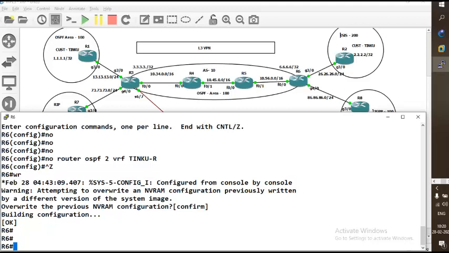Okay, sir. Any other question? See, when BGP neighborship is stuck in active, what are all the chances? First of all, we need to know what the active state is.